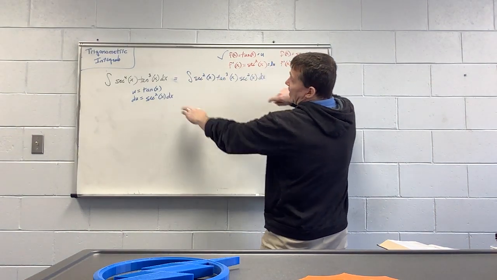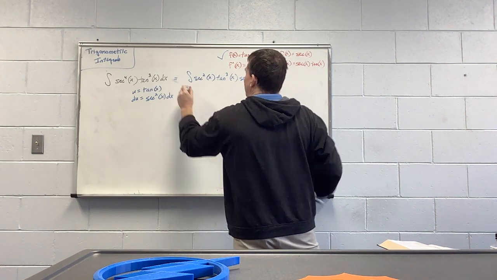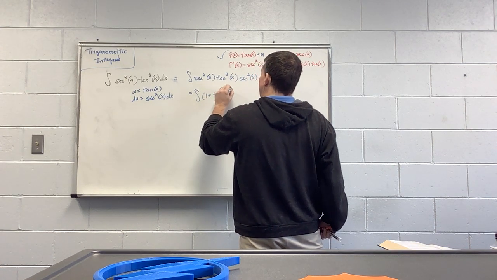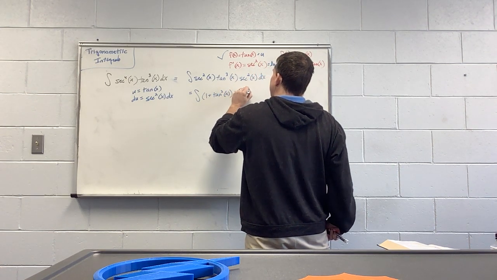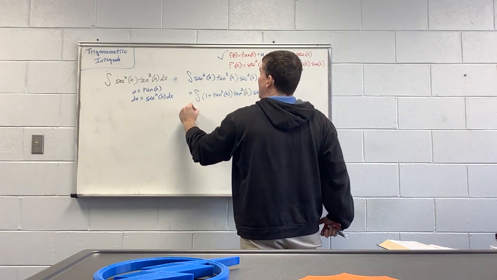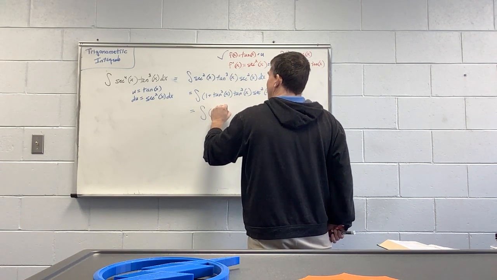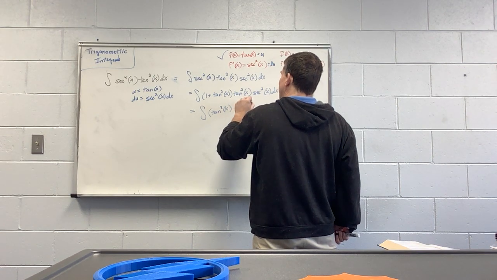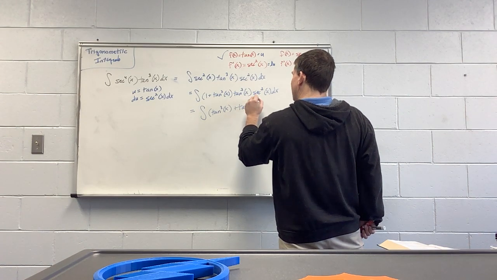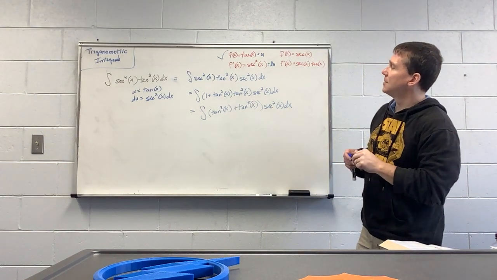Now, Pythagorean identity, I want everything in terms of tan, so I'll rewrite secant squared, and this becomes the integral of 1 plus tan squared x times tan cubed x secant squared x dx, which then becomes, if I distribute, the integral of tan cubed x plus tan to the fifth of x, parentheses, secant squared x dx.